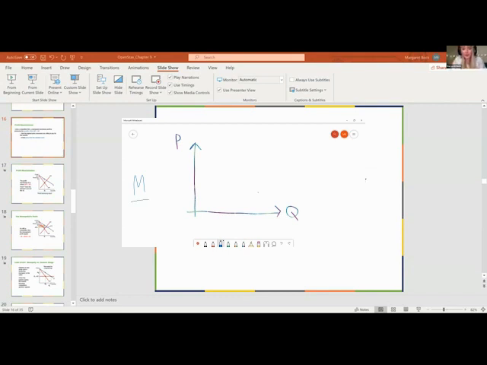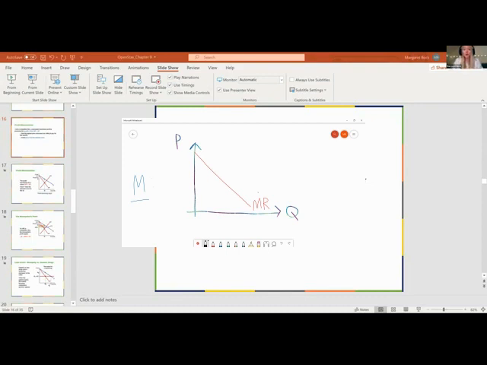So referring back to the last video, we know that the marginal revenue curve for a monopoly is not a horizontal line like perfect competition, it's downward sloping. So the marginal revenue curve looks like this.